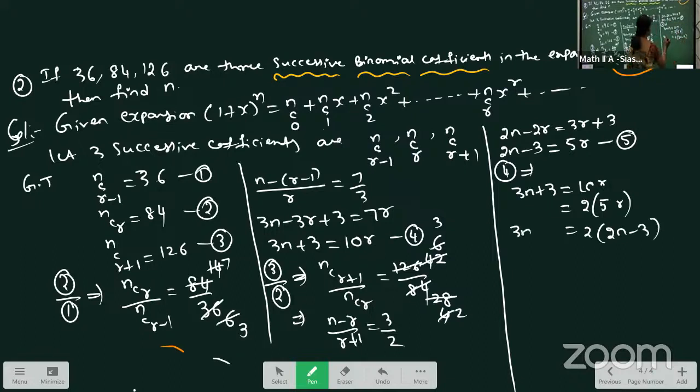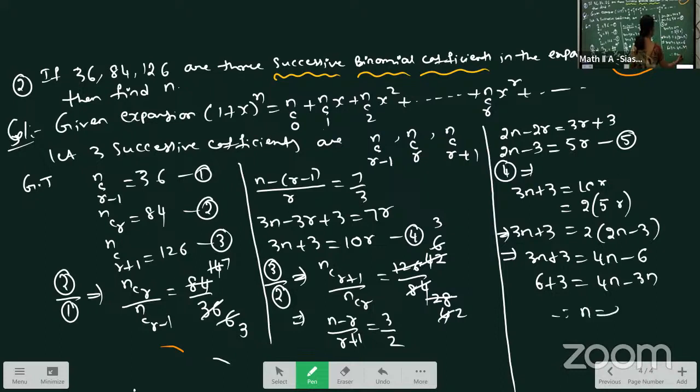So 3n plus 3 is equal to 2 into (2n minus 3). Simplify. 3n plus 3 is equal to 4n minus 6. If minus 6 comes this side, plus 6 plus 3 is equal to, send 3n to the other side, 4n minus 3n. So finally we got n is equal to 9. It is asking the value of n, so we got directly n as 9.